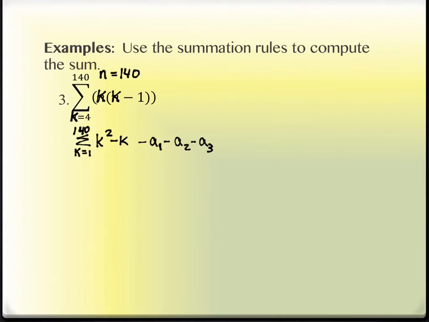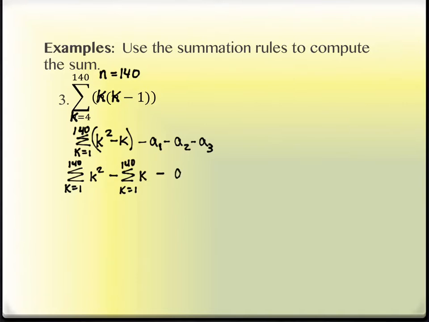All right, so let's start with, I'll put these in parentheses just to identify that they're separated out. The formulas and their pieces. So I have the summation from k equals 1 to 140 of k squared. And it's minus the summation from k equal 1 to 140 of k.